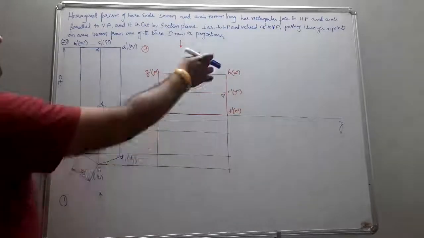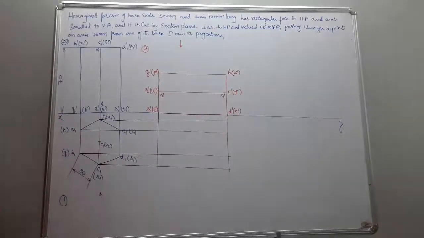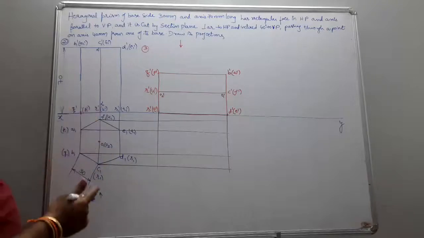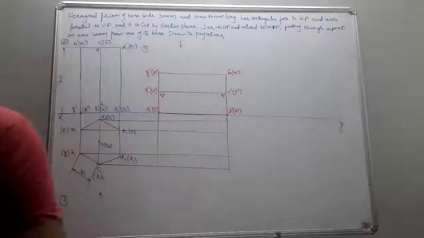So that means B, C, D are going to be visible. That is BQ, CR, which is going to be visible in front view. Now let us put the points first.